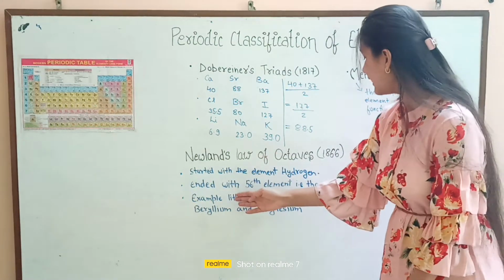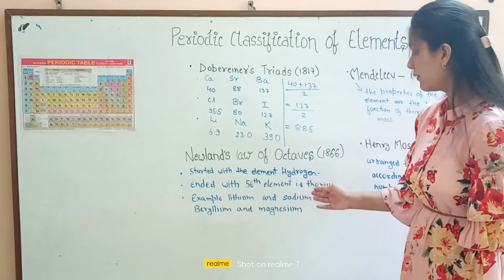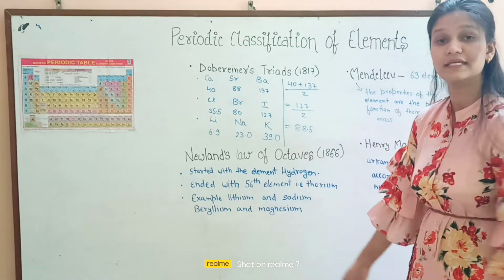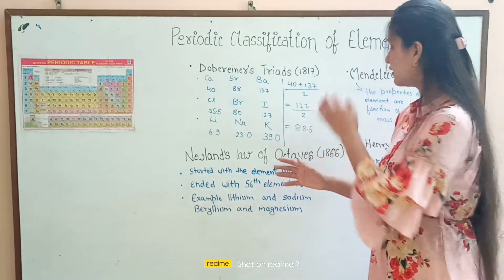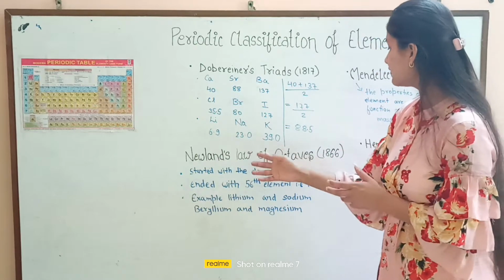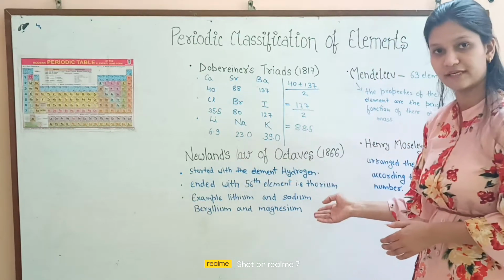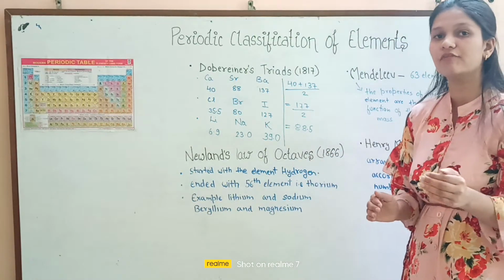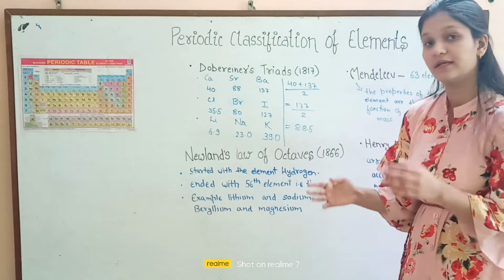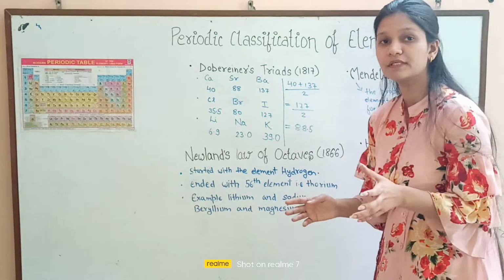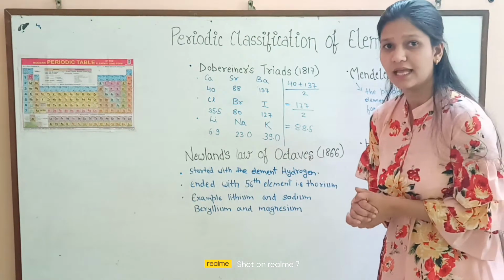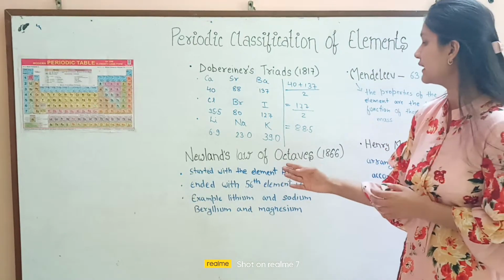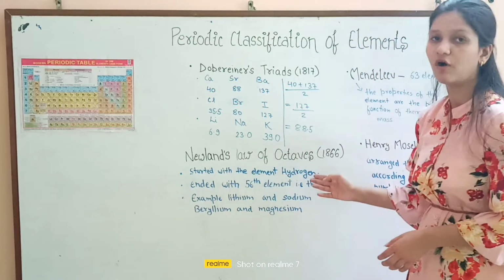He ended with the element thorium because at that time only 56 elements were known and the last element was thorium. Newlands gave the law known as the law of octaves, because every 8th element of the periodic table resembles the first element in properties, like we find octaves in music.